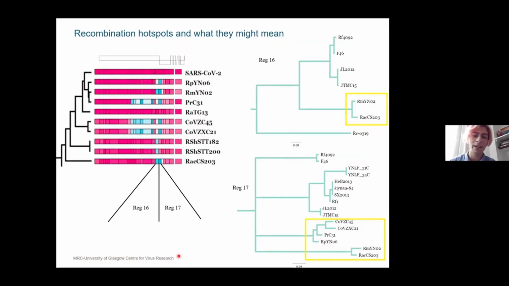And we think that these patterns are indicative of, so it's not necessarily that these are independent recombination events, but these patterns are slightly indicative of what we like to call recombination overprinting.